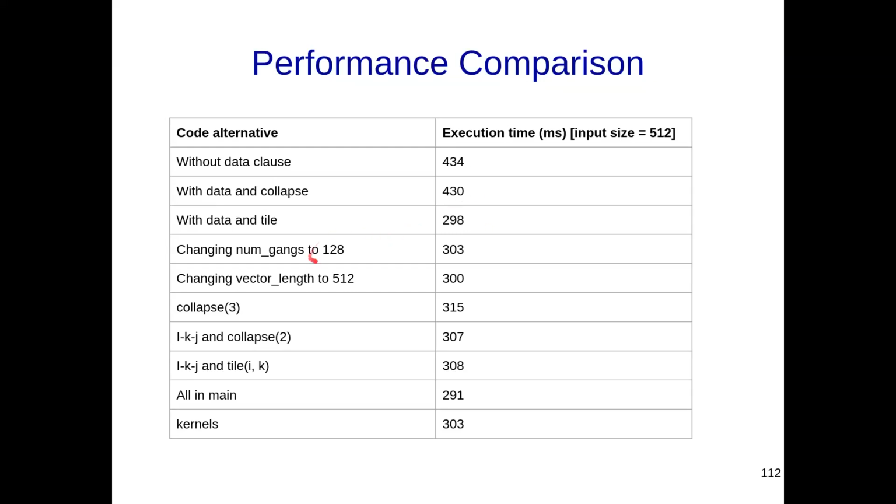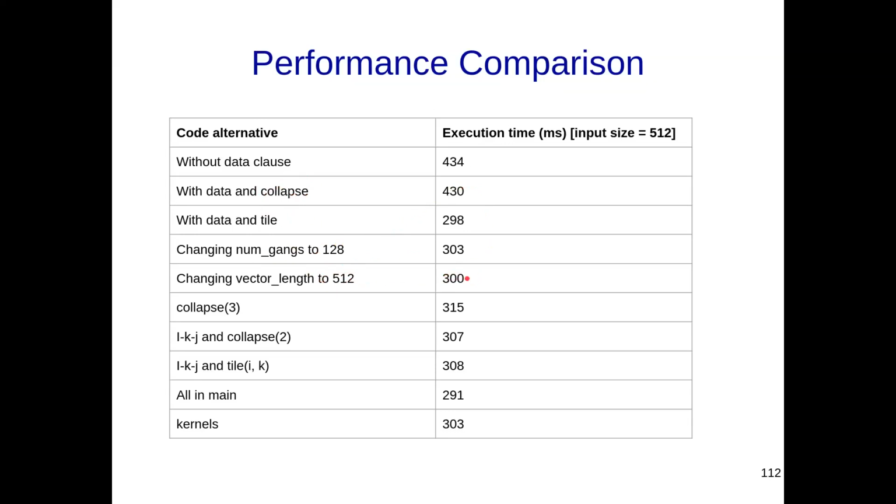But then I can specify it using num_gangs. So let's say that instead of whatever is coming out to be the num_gangs, I specify it as 128 without using tiling. So over collapse, if I use num_gangs, then my timing changes from 430 to 303. And with some changes to vector length, it also remains around the same time.